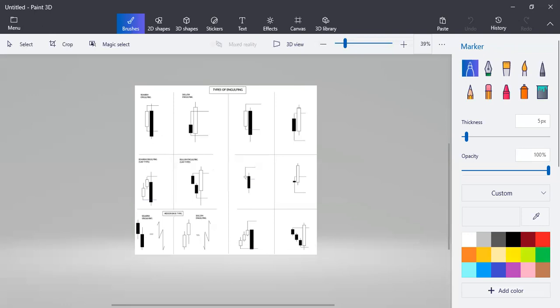When it fails, like for example, here too, we have another one that failed to move higher. This was supposed to be a rally here, right? But we didn't get a rally. Rather, we got a failed rally there. Price failed to push higher.